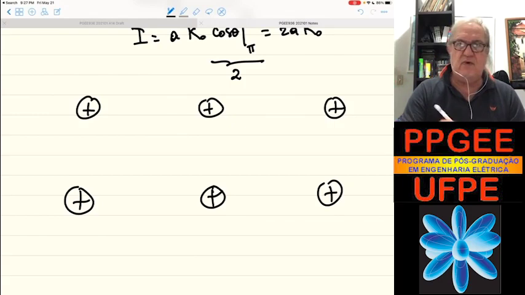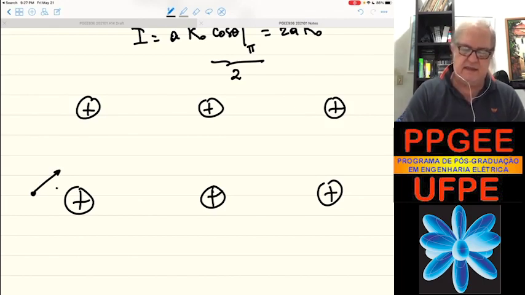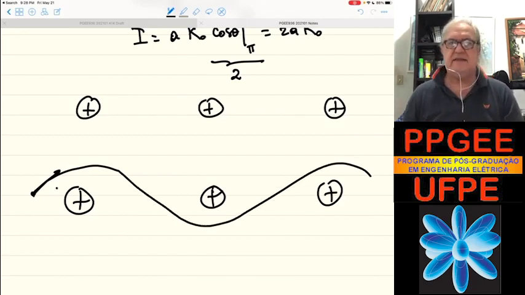When the electron moves along the solid, whatever the initial direction, this ion is close to this electron, this one is farther, so it's going to be pulled toward this ion here. Then it's going to be pulled across the other one.